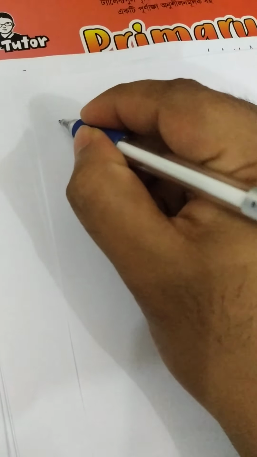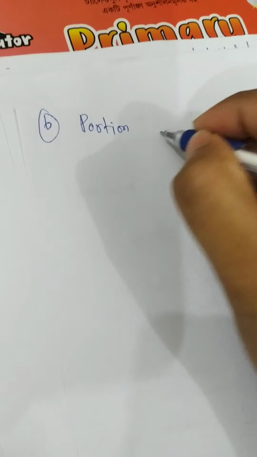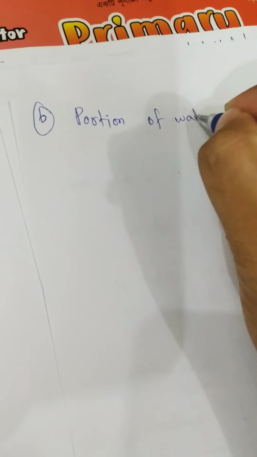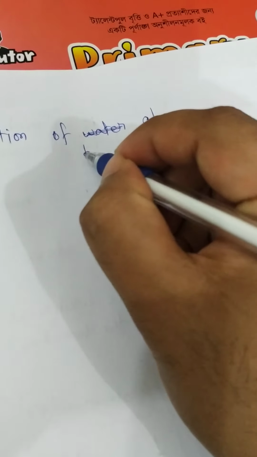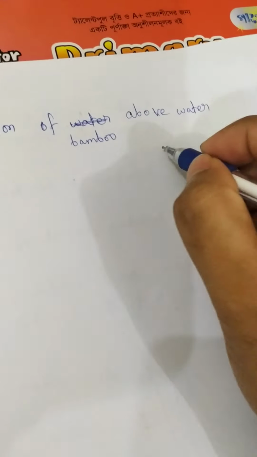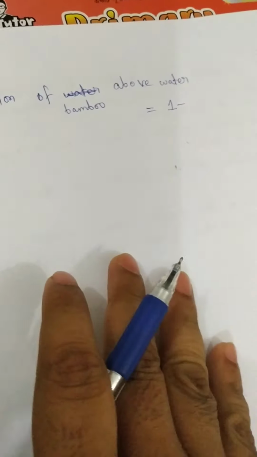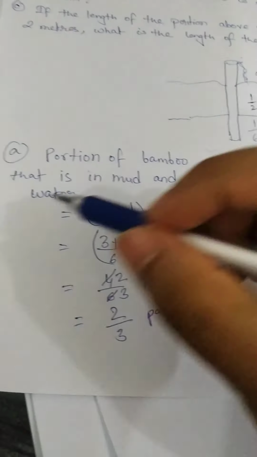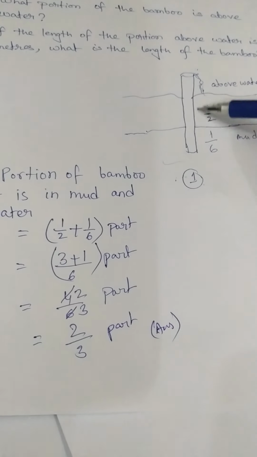We can write portion of bamboo above water equals, the whole portion was 1, minus, what will I minus? In part A we already got the portion of bamboo that is in mud and water, so we already added both of them.